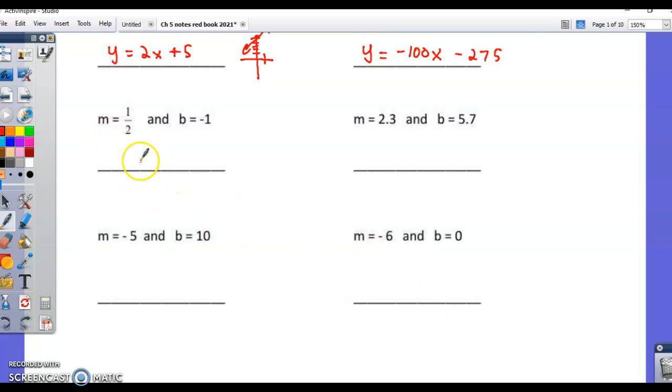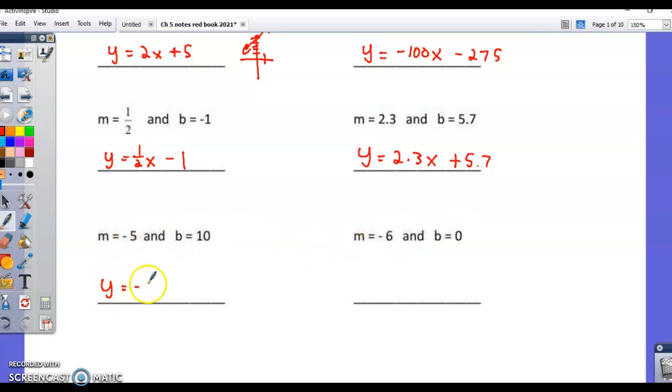Okay, running through the rest of these, we got y equals m, which is 1/2 x minus 1 as our b. Y equals 2.3x, and this is a positive 5.7, so make sure we put that plus there.